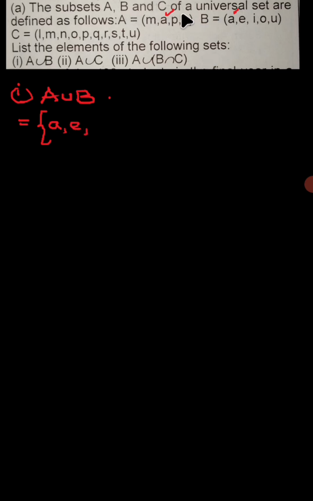Then pretty much followed by element I, right? So I'm just going to say element I. Then followed by element M, then element O, element P, then element U. So these are all the elements inside set A and set B combined, and that is A union B. That's all.